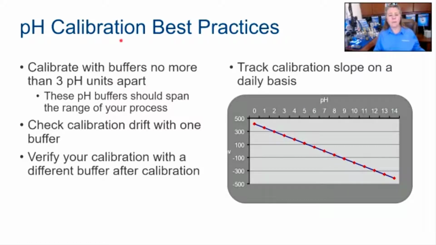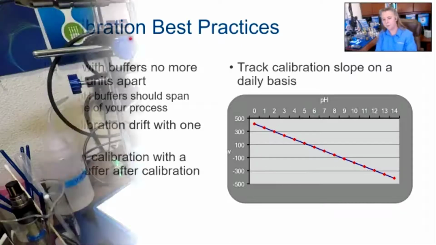So a best practice is every single time you calibrate at one, calibrate at the second, go back, verify in the first, and then verify drift. Every time you calibrate your probe, you should keep a log of the slope and the offset. We'll talk in a few minutes about how often we calibrate, but there's a couple other things I want to talk about in calibration.